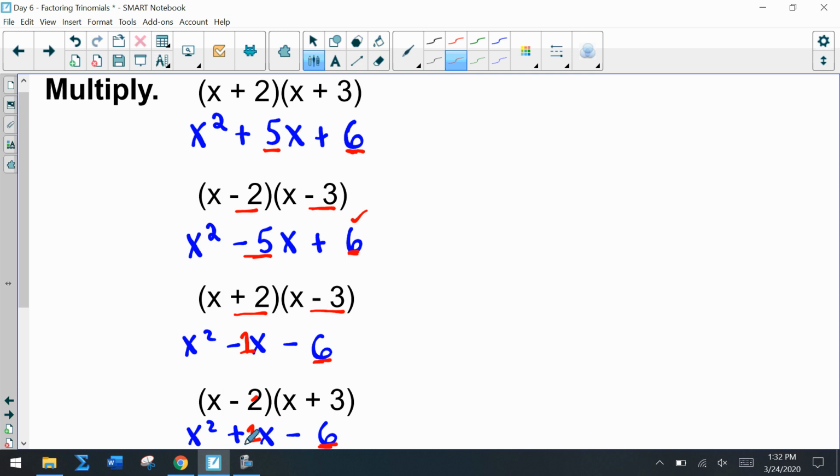So if you recognize the pattern, notice how we have the same thing. We have x and x, 2 and 3, but the signs are different. And so the signs are really going to dictate what this middle term is. So for the first one, it was positive 5x, then negative 5x, then negative x, and then positive x. And then notice how the last terms were all 6.